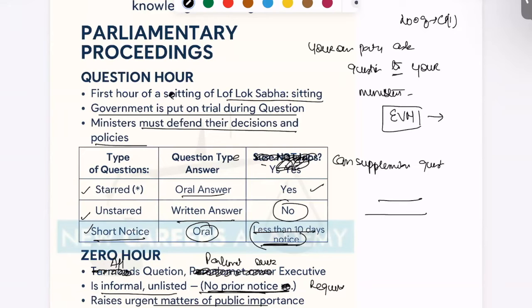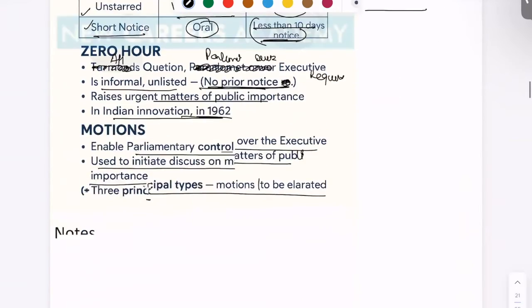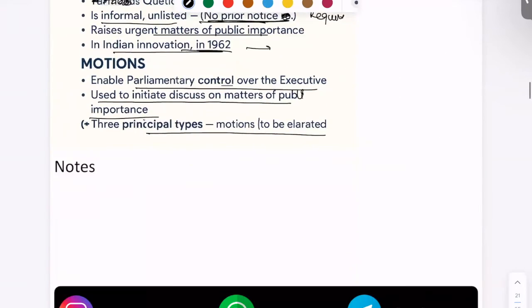Zero hour is an Indian innovation in which you can raise any debate or topic. In zero hour, every party is given some time according to the number of seats, and then the MP gets to speak for that amount of time. It is India's innovation which came into existence in 1962.